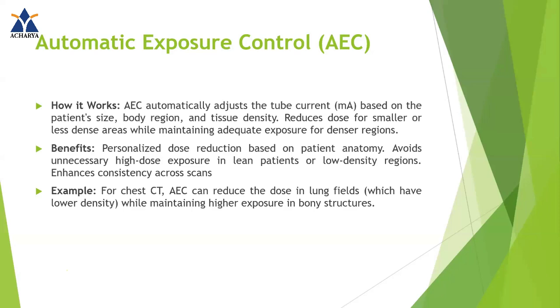So an immediate change in the mAs should happen when the scan is going on between neck and thorax. This is controlled by automatic exposure control, which reduces the dosage to the less dense area while maintaining enough mAs or enough tube current for the denser regions.